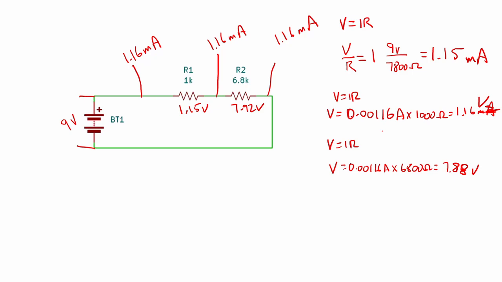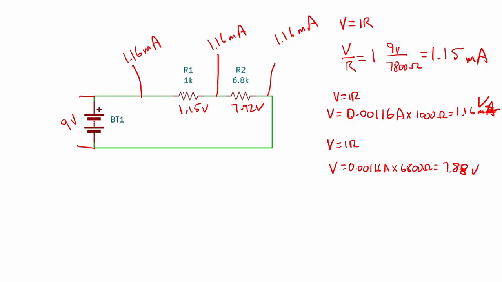So we can work out all of these by just doing Ohm's law. We just have to remember that Ohm's law will apply to the whole circuit, and then to parts of the circuit. We can do the parts.